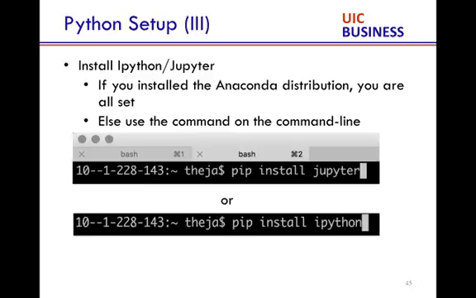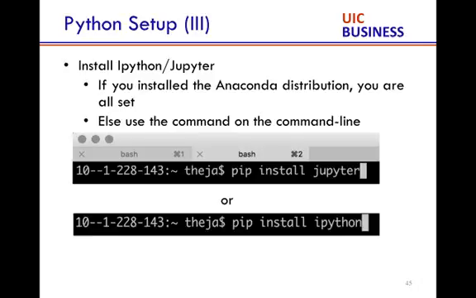But if you have installed Python in a different way, you may already be familiar with this command called pip. So you can just pip install Jupyter or IPython. These are just synonyms, the same name for the package. So these are the two things that you need to do to get Python and an interface for Python running.